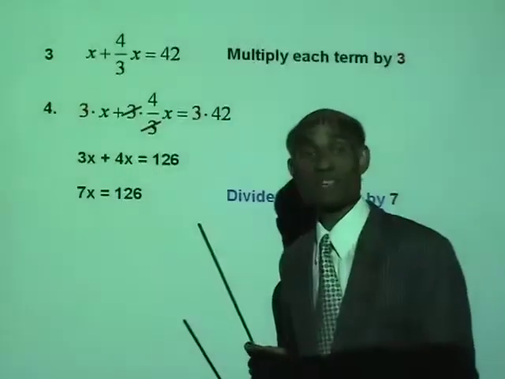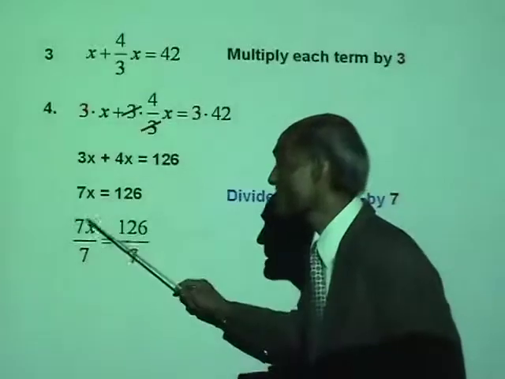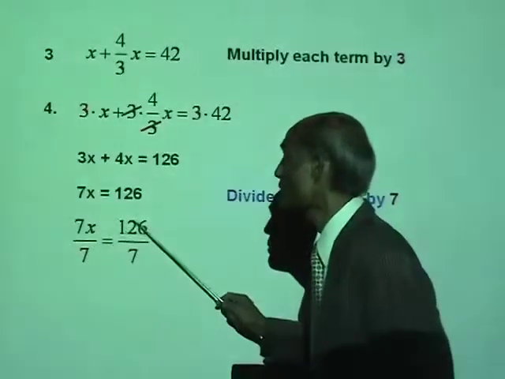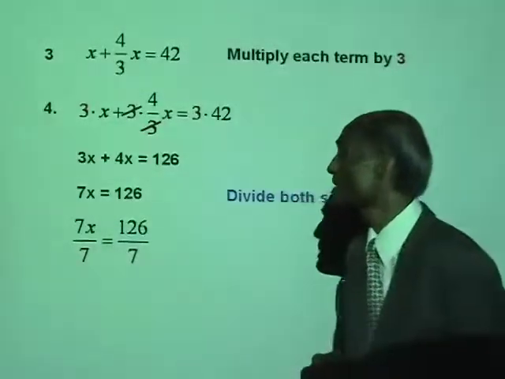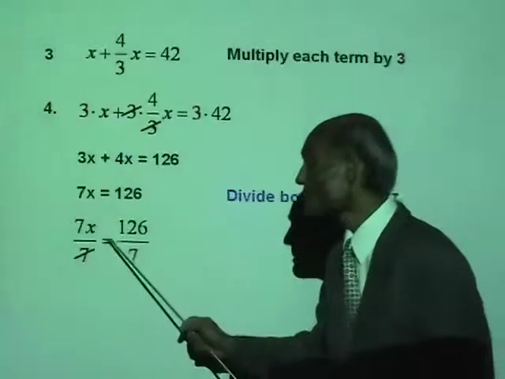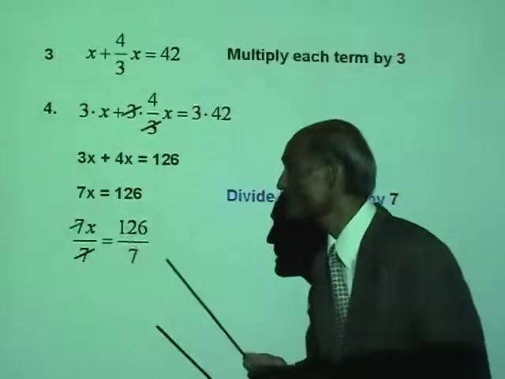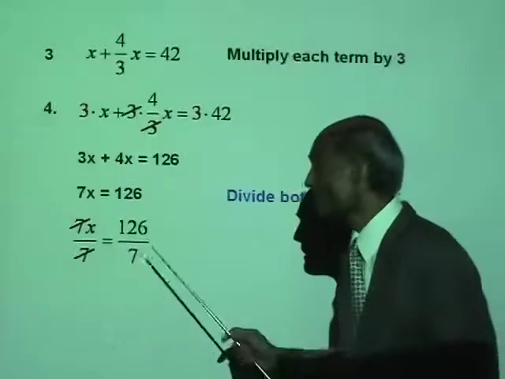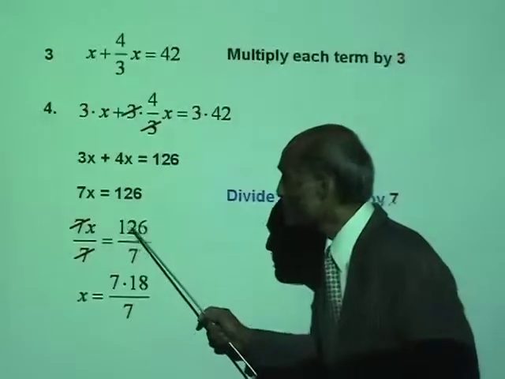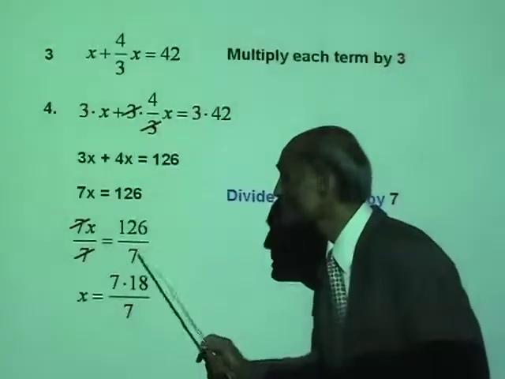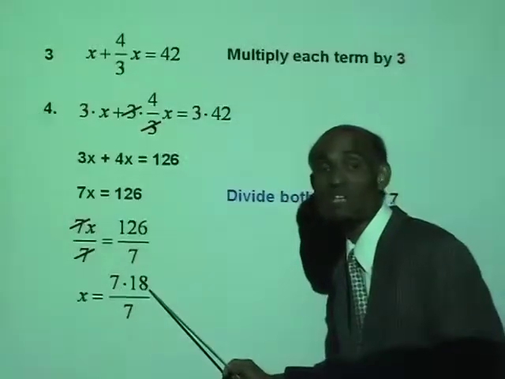Divide both sides by 7. We get 7x divided by 7 equal to 126 divided by 7. 7 and 7 will cancel on the left. Now how about this? 126 is 7 times 18.